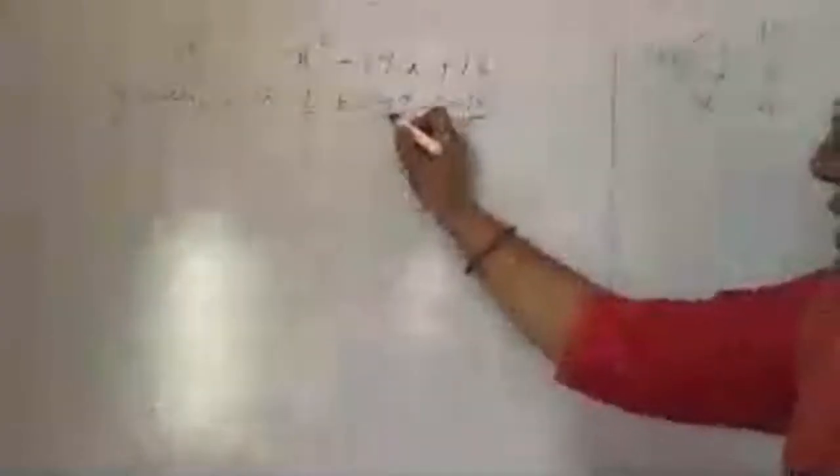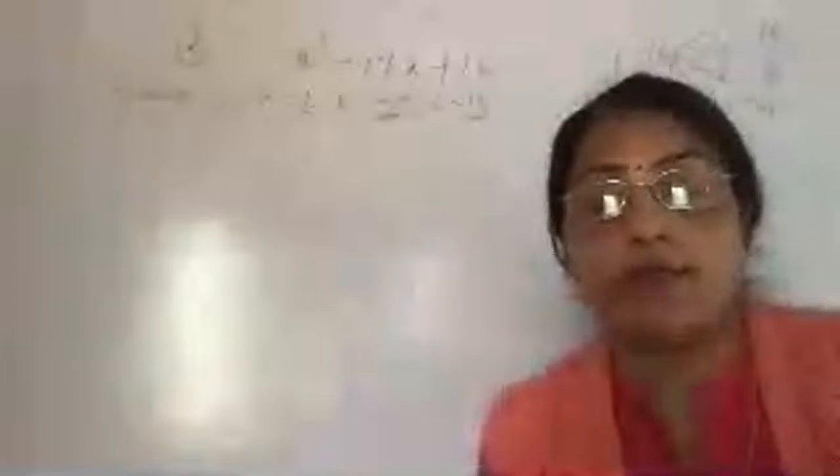Otherwise, it is repeating. We will get 8 and 2, 16 and 1. So now we check. We have to get minus 17. So 1 and 16 when we are adding, we are getting 17.